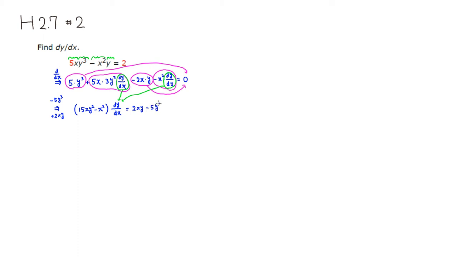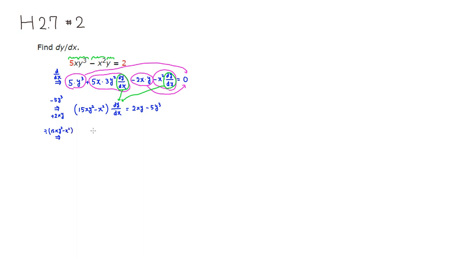Since what we're looking for is dy over dx, I'm going to divide through by this quantity, 15xy squared minus x squared.